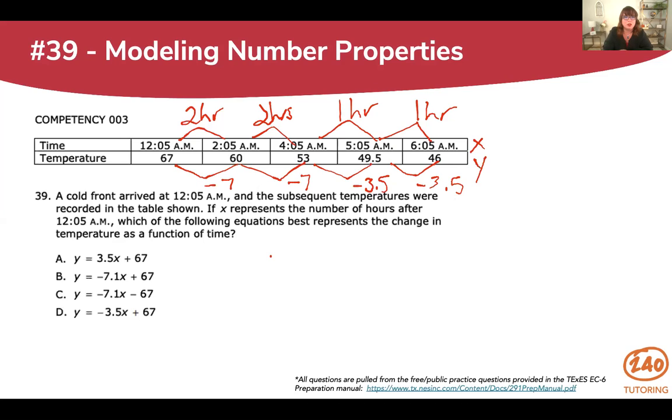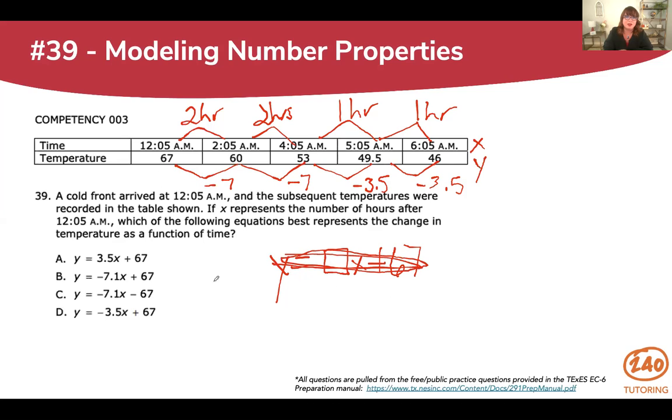Okay, so let's look at this equation. If we want to know y, how much is the temperature changing? We know x is the hours. So we've got to put a number in here with x plus or minus, however you want to look at it. We've got a whole bunch of pluses over here, 67. Now I looked at this the other direction, okay? A lot of people set it up this way, and even when I did, I was like, yep, I'm going to reverse it.